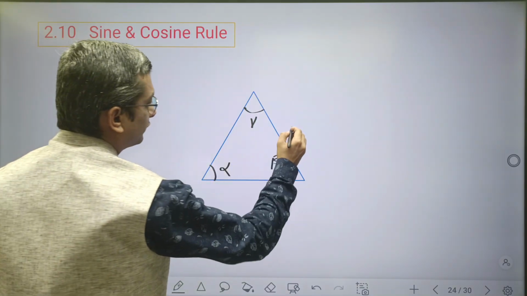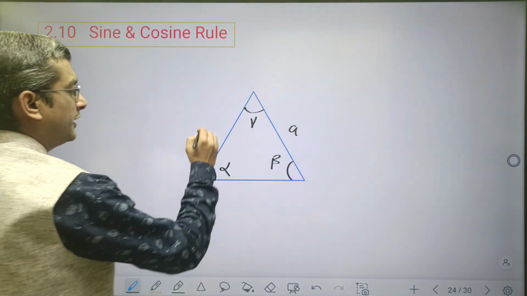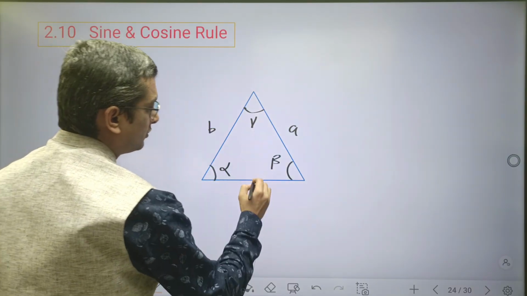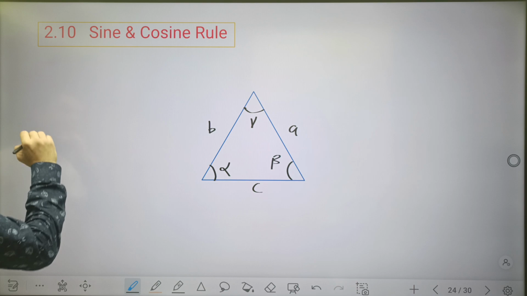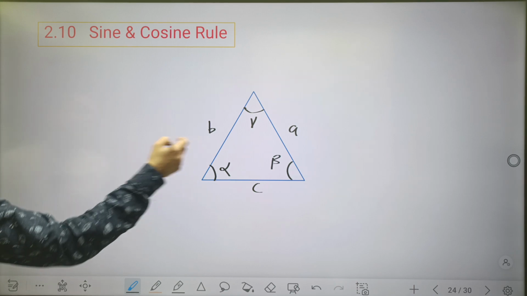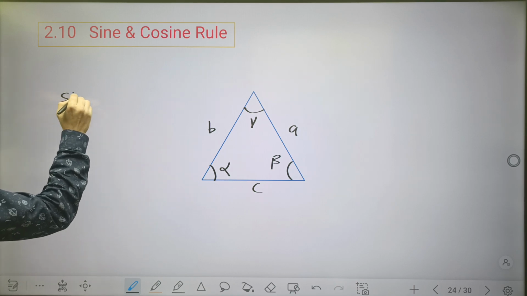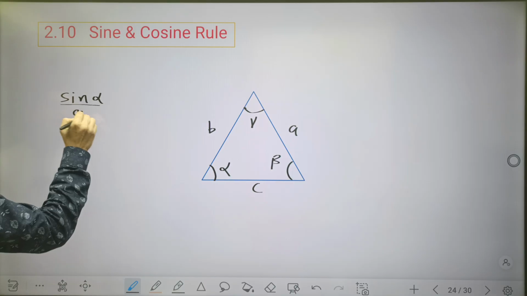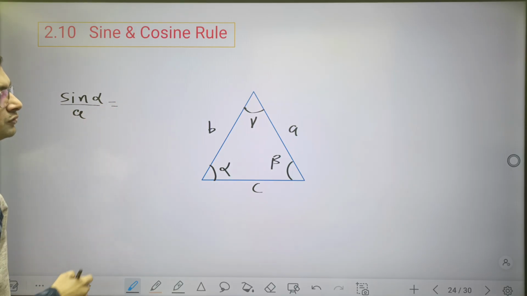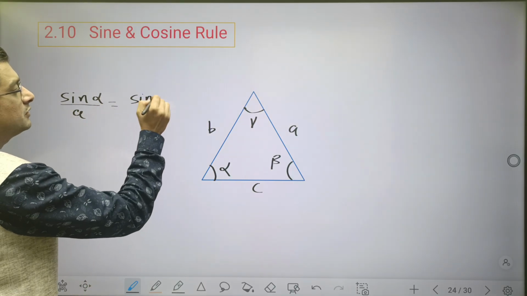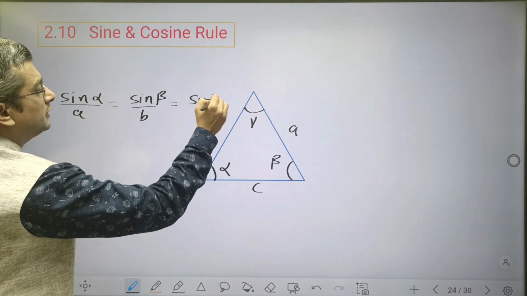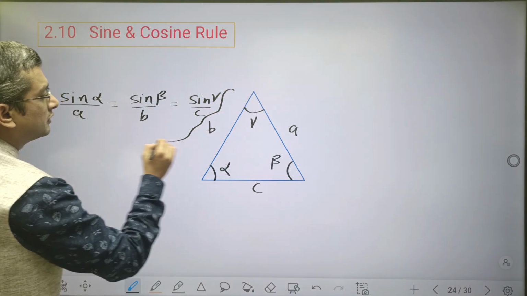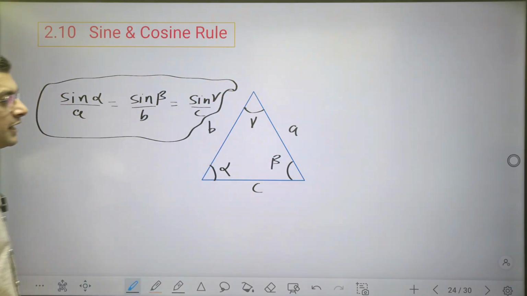Opposite to angle alpha, the side is A. Opposite to beta, the side is B. And opposite to gamma, the side is C. So the sine rule says that sine alpha by A, or A by sine alpha, is equal to sine beta by B, is equal to sine gamma by C. So this is the sine rule.